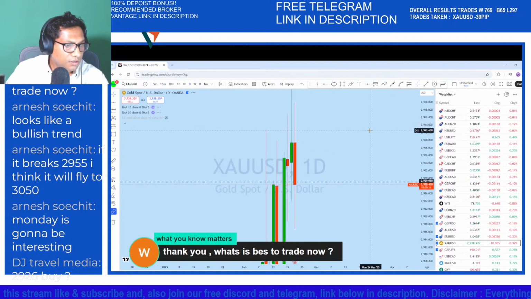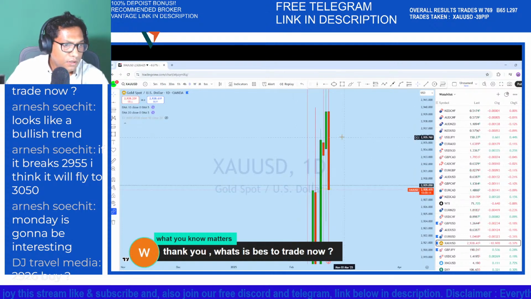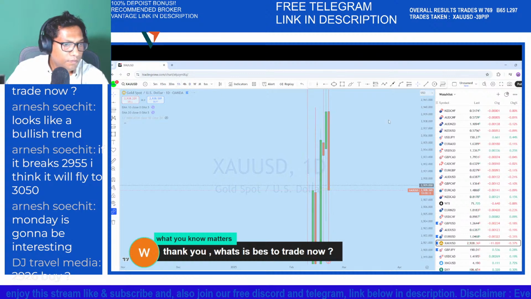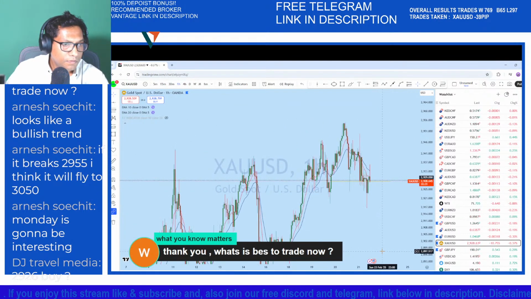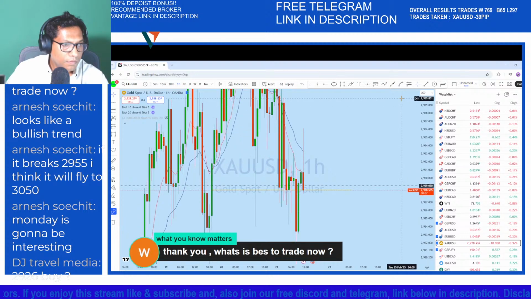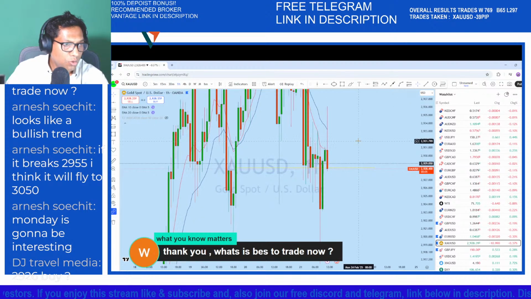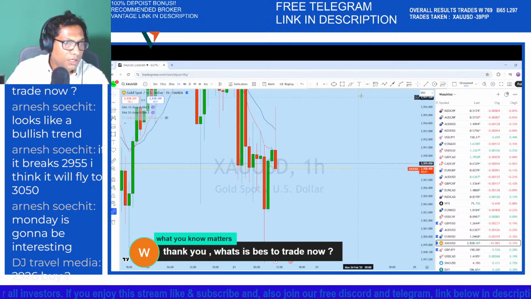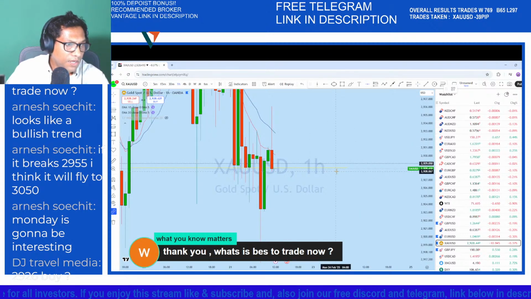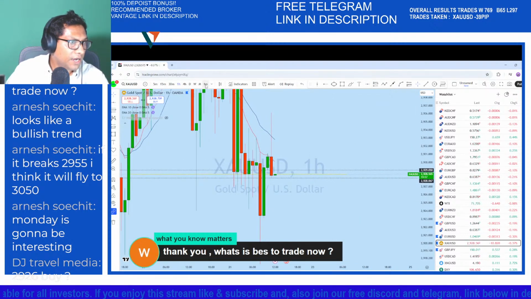Daily chart here. So the 1 hour candle is closing as a red bear candle. Now it may break below and then could bounce back up here.